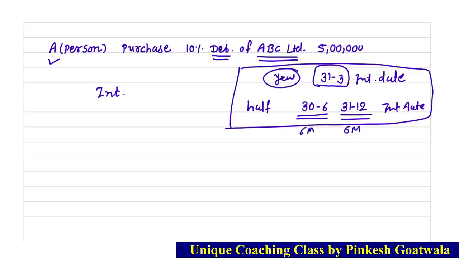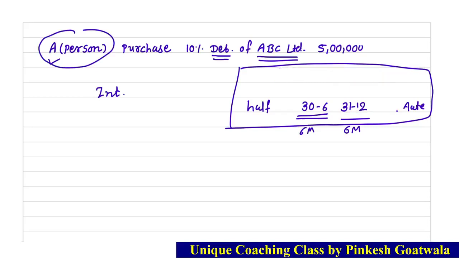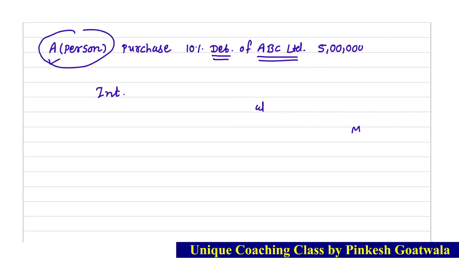Okay, clear? Now the question is how much interest is received by A if he purchased debenture of ABC Limited. So this is the important point in this chapter. So I take a different situation and we will find the amount of interest in different situations.